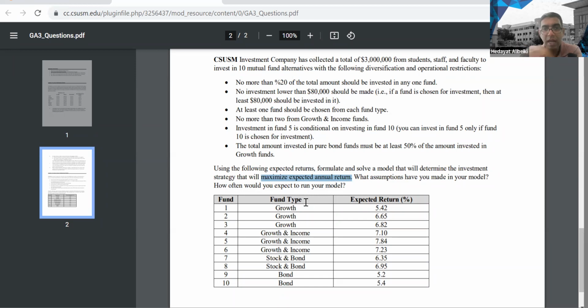All right. So now you tell me, how many decision variables do we need to make? Or tell me what the decision variables are, not just how many.